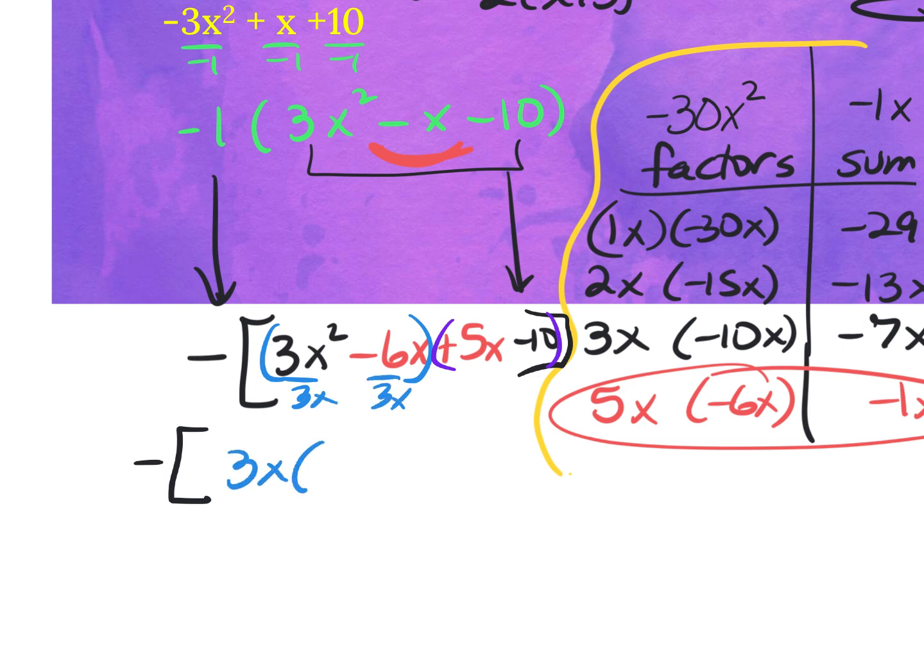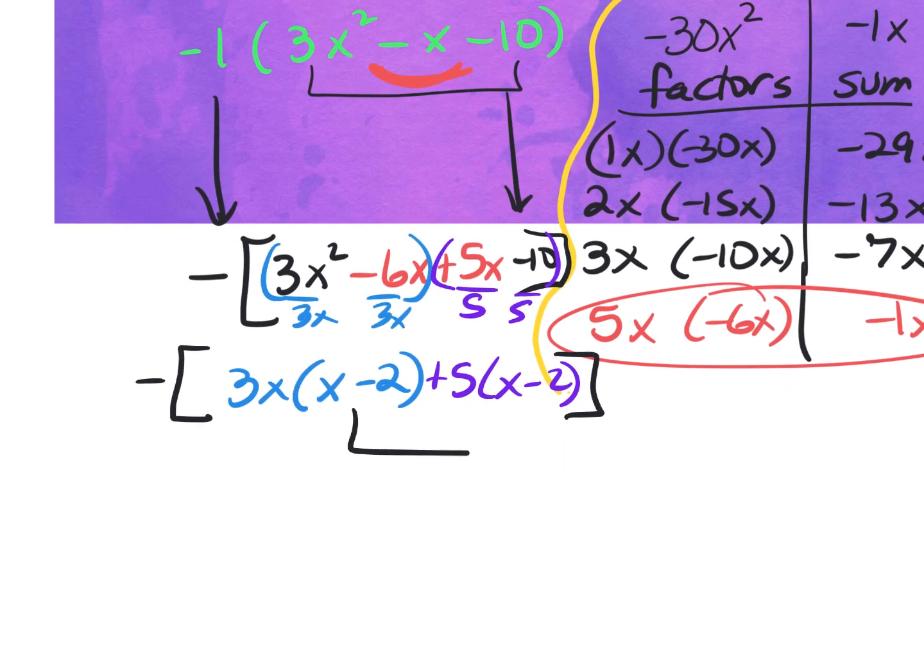And again, you always want to make sure your x term in the binomial is positive. Yes, you can FOIL it with a negative, but again, we need to get into the habit of keeping the x terms positive. And then divide out a 5, GCF, and then again, left with the same answer when you divide it.